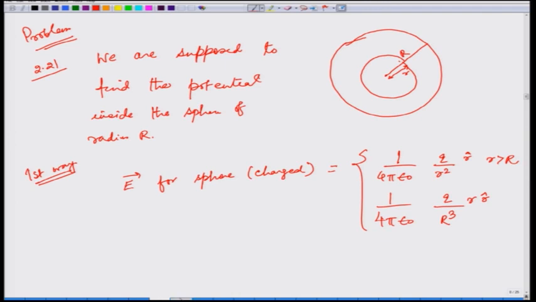So, if we know the electric field, we can calculate V very easily. Let us say this is my sphere of radius R, and I want to calculate the potential at this point. My reference point will be infinity.